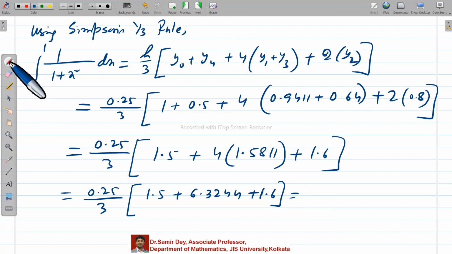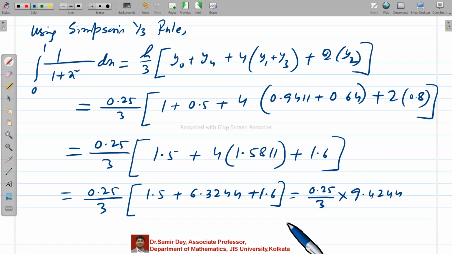So it is 0.25 by 3 into 1.5 plus 6.3244 plus 1.6, ultimately it is coming 9.4244 into 0.25 divided by 3.